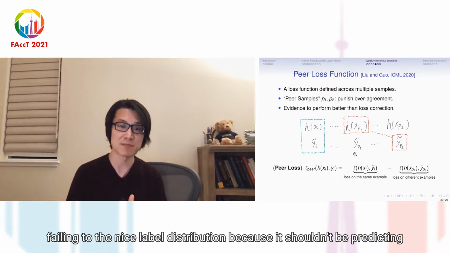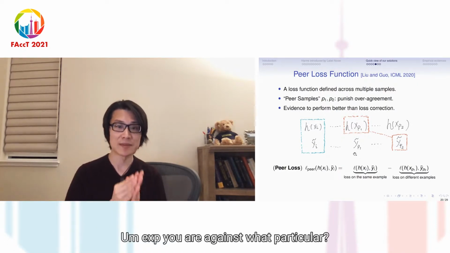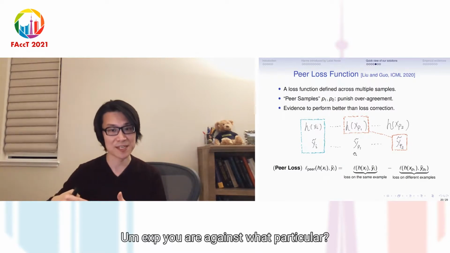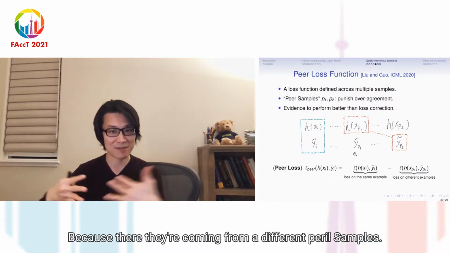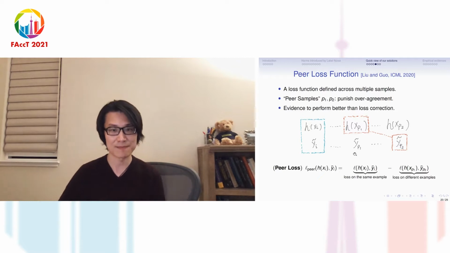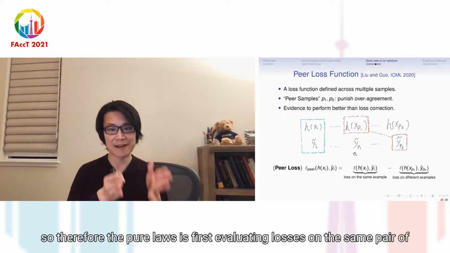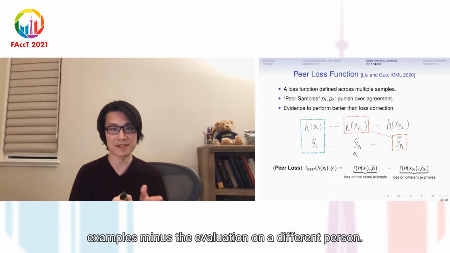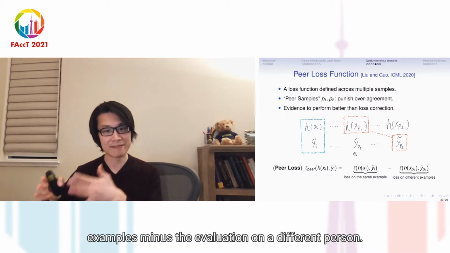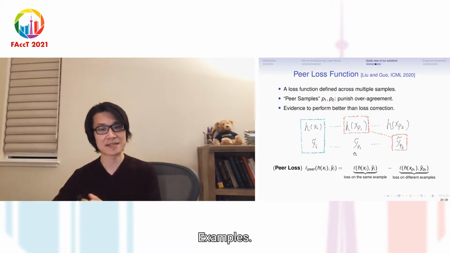Because H shouldn't be predicting correctly on X P1 against Y P2 tilde, because they're coming from a different pair of samples. So therefore the pure loss is first evaluating the losses on the same pair of examples minus the evaluation on the different pairs of examples.